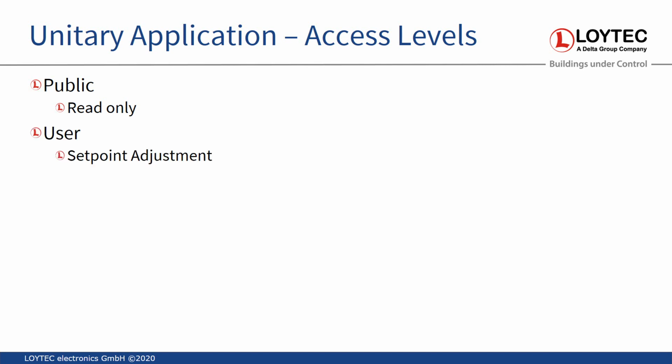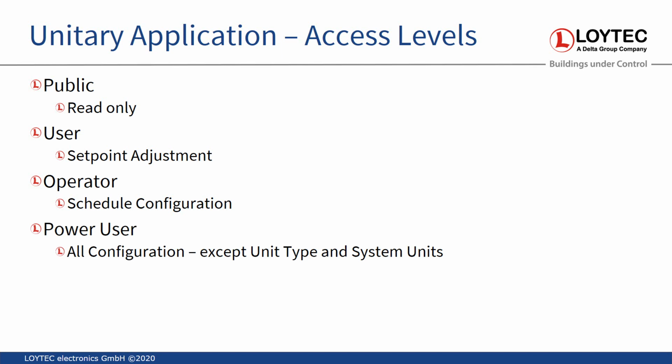The user level provides additional access to set point adjustments. The operator can add, delete, and edit schedules. The power user has access to the I/O configuration settings, except unit type, system units, and reset parameters. Lastly, the administrator has full access.